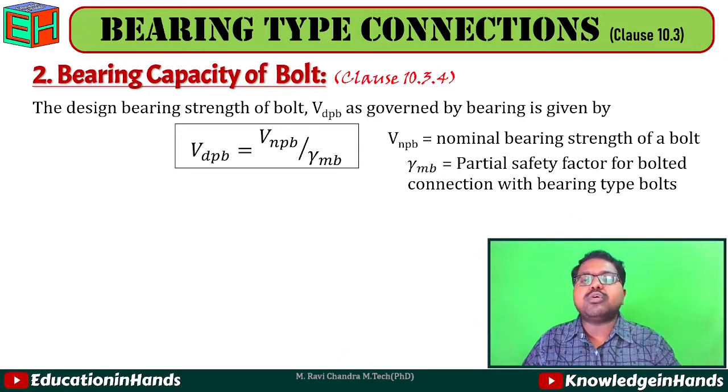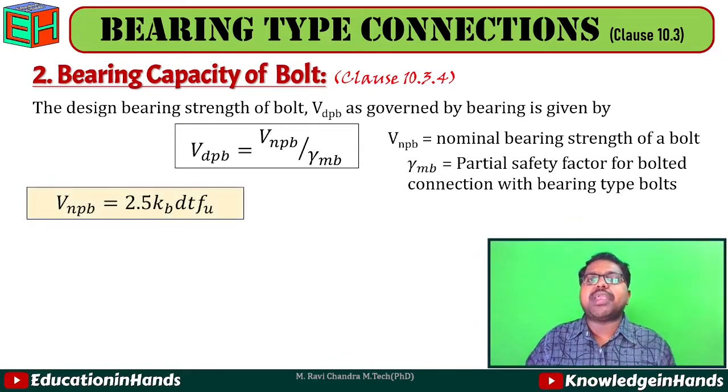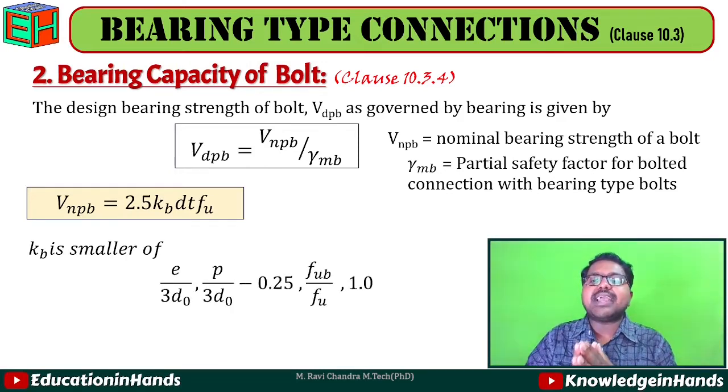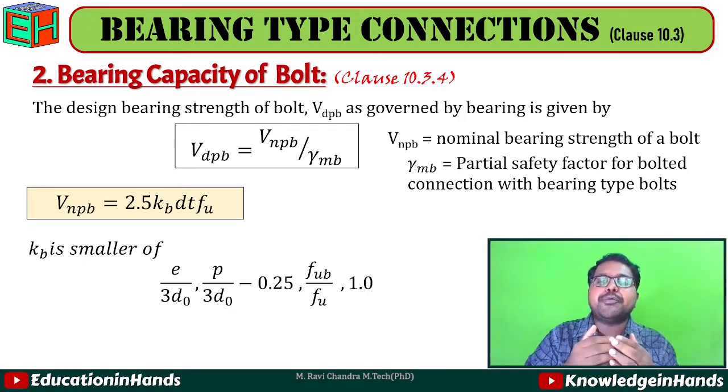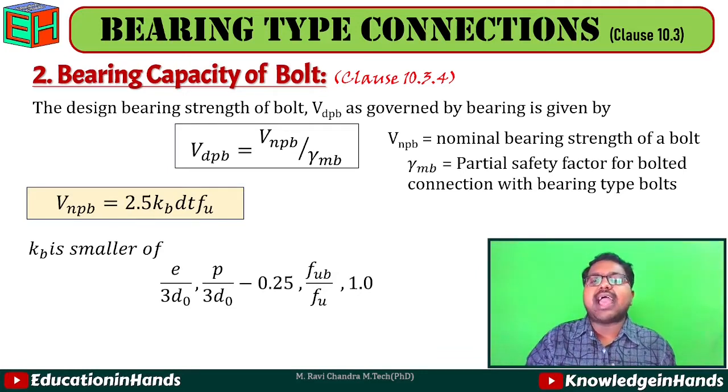VNPB is given as 2.5 kb into d into t into fu, where kb is the smallest of e by 3d0, or p by 3d0 minus 0.25, or fub by fu, or 1.0. We need to calculate these four and choose the smallest one as the value of kb.